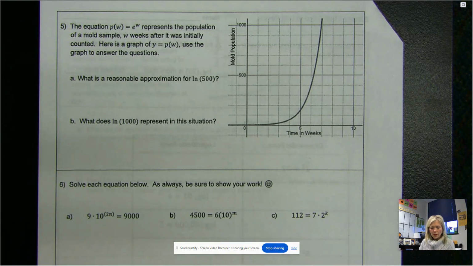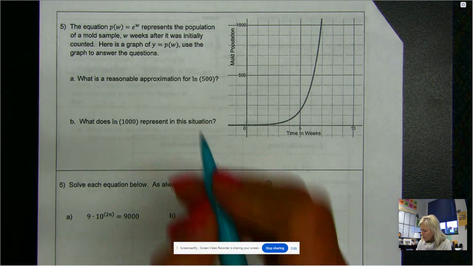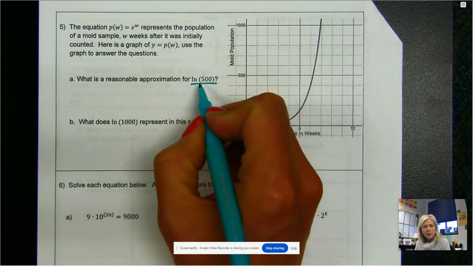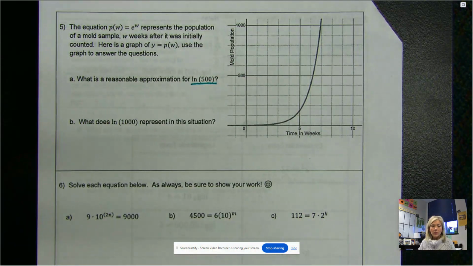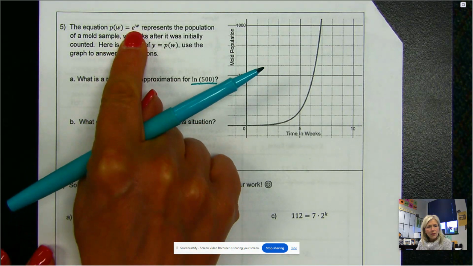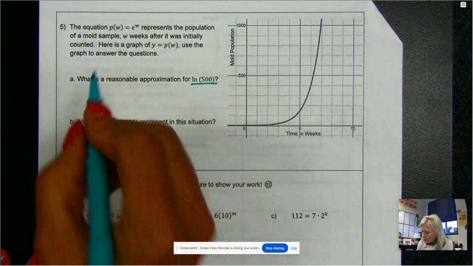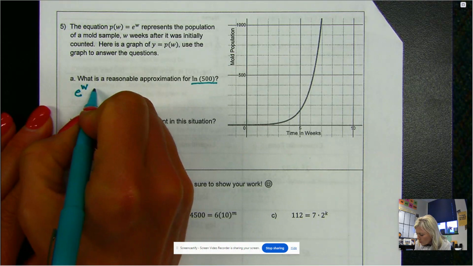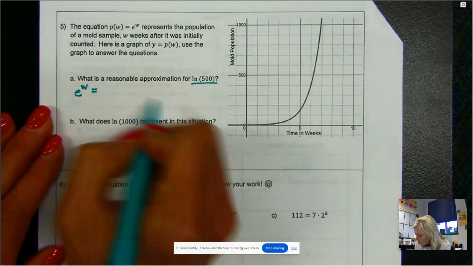If we look at this, the natural log of 500, the natural log means that we used a base e, right? And we know, back here, we have e to the w. So this is really asking us for what value of w does e to the w equal 500.